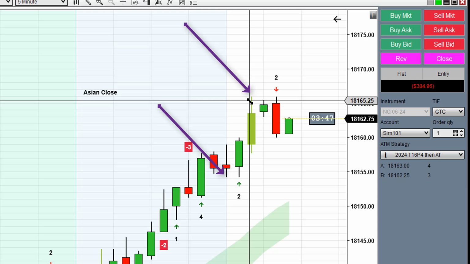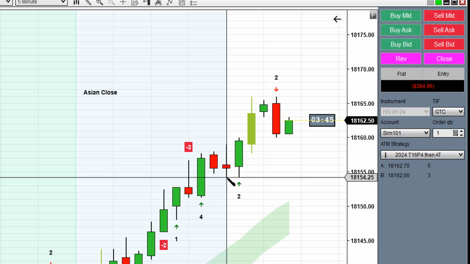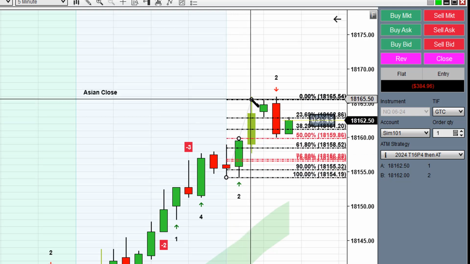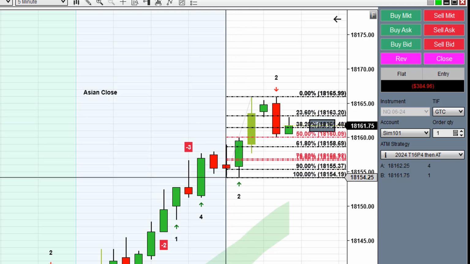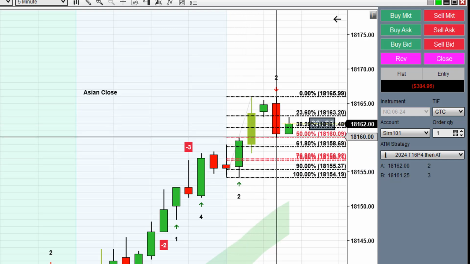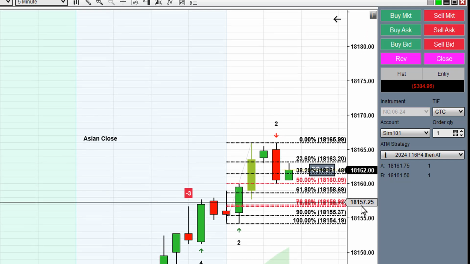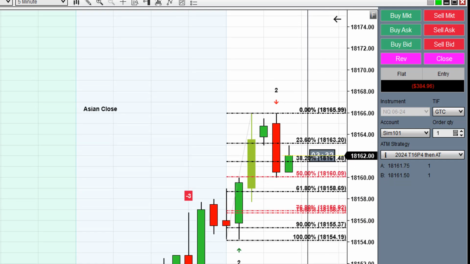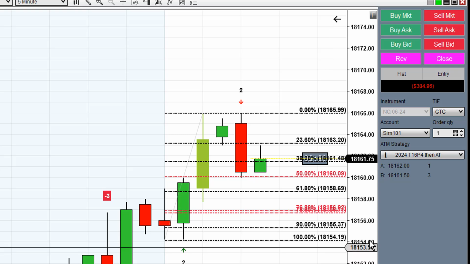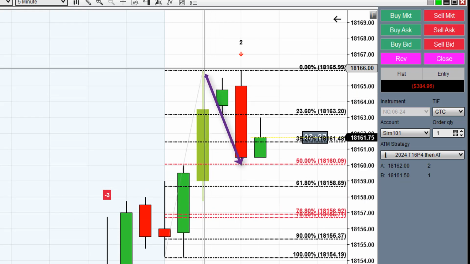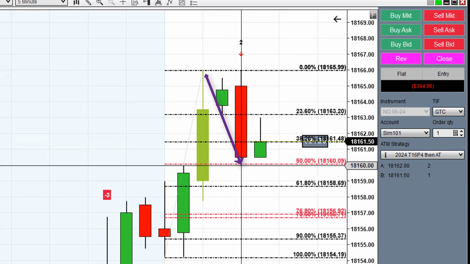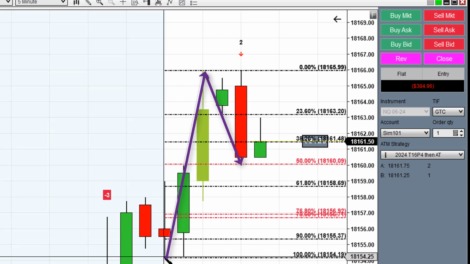I'm then going to draw a Fibonacci up over exactly that little micro trend, to catch them on the way down. In principle, a Fibonacci retracement is going to work out where the market is going to retrace to against this move.